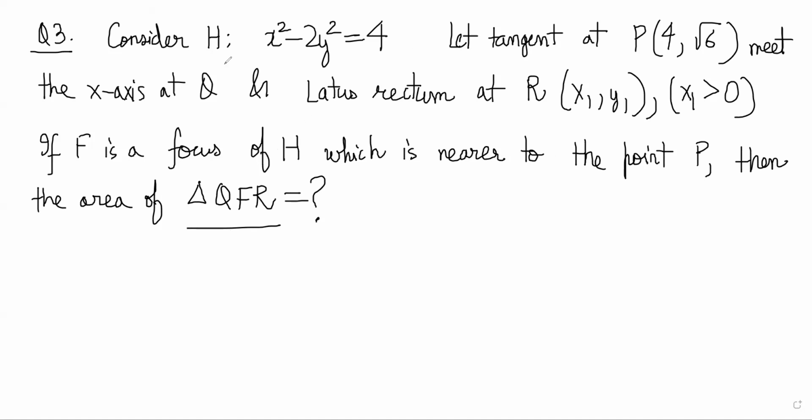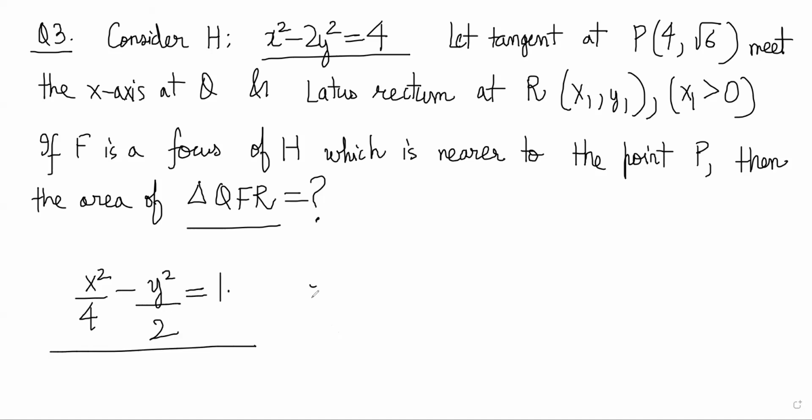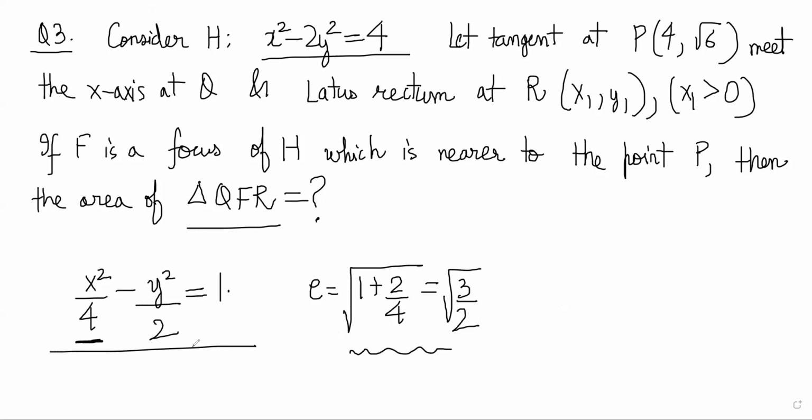So let's say this is my hyperbola equation. The equation can be written like this: x square by 4 minus y square by 2 equals 1. The eccentricity of this hyperbola is root over 1 plus b square by a square, so 2 by 4, which is root over 3 by 2, right? If the transverse axis is the x-axis, then the focus will be at ae comma 0 and minus ae comma 0.